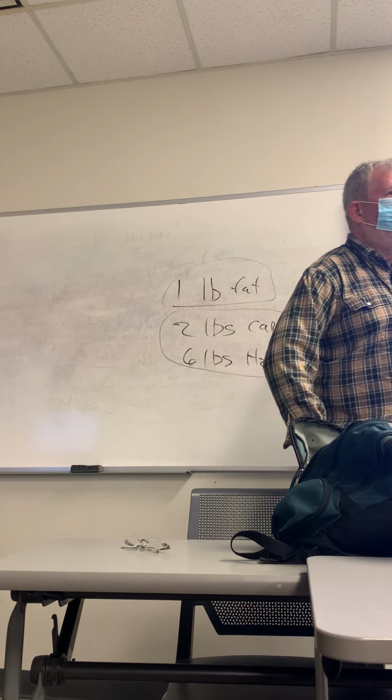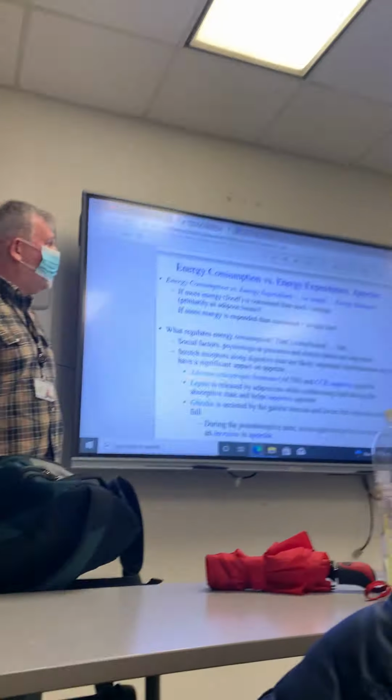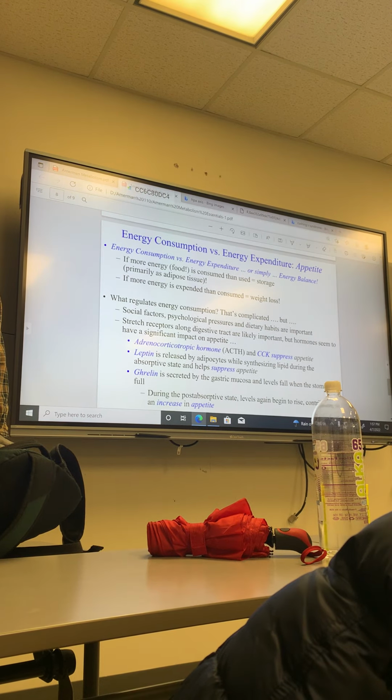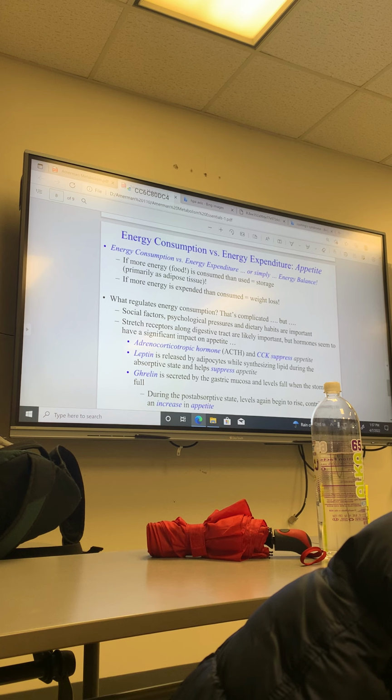Now this is just your basic energy balance, because energy consumption versus expenditure, we're talking about a balance sheet here, right? If you're consuming more food than you're burning, you're going to end up storing the extra primarily as adipose tissue. About half your adipose is subcutaneous, and about the other half is internal.